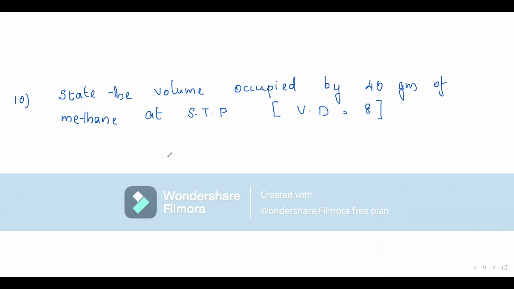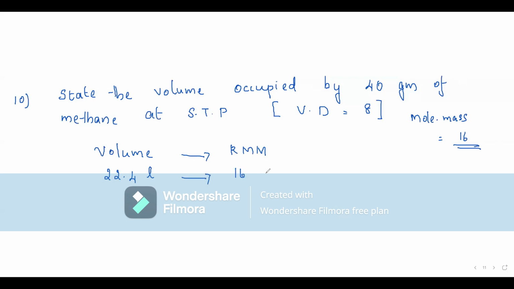Okay. Moving on. The next question is, state the volume occupied by 40 grams of methane. Methane's vapor density is given. So, molecular mass of methane is twice its vapor density. So, 16. Here, the relation is connecting volume with the mass. So, mass, I'm writing RMM. 22.4 liter, that is volume at STP.